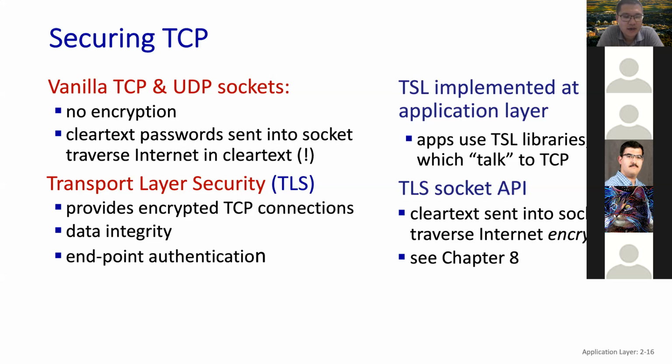So TLS can provide encrypted TCP connections, because vanilla TCP or UDP sockets just send the packets without any encryption. Okay, so it's just a plain text or clear text password, right?